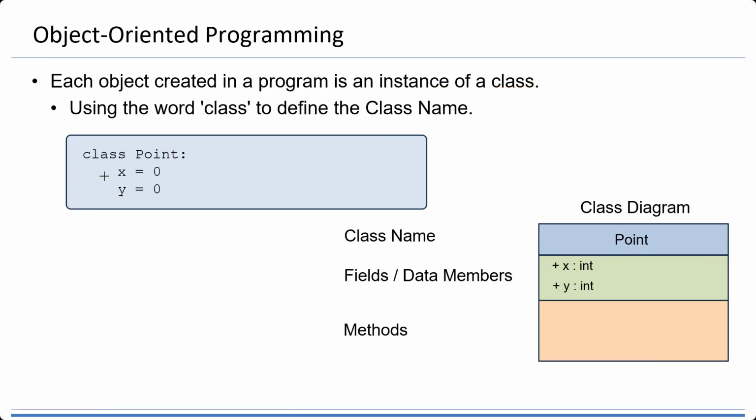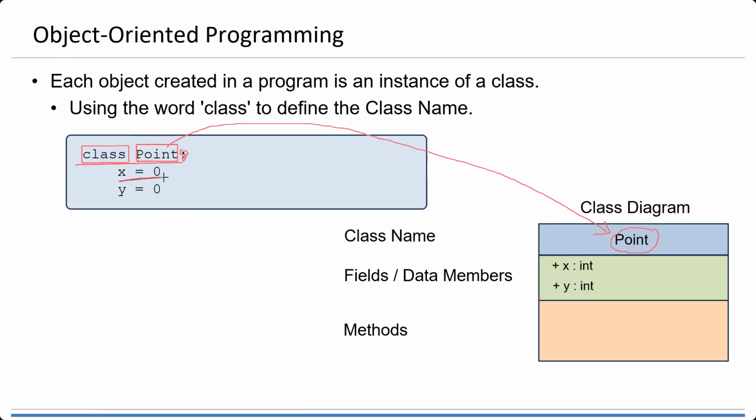Now let's see. I have the class. Okay, so we use the word class in Python and then define the name. In this example, I will use Point. Then the class name, you can see in the class diagram, the name is Point. Okay. Now, after I define the class Point, you can put the colon.